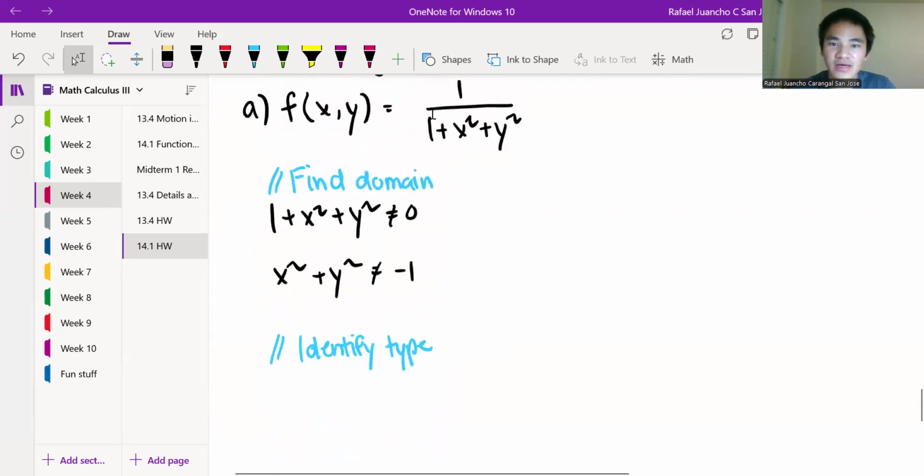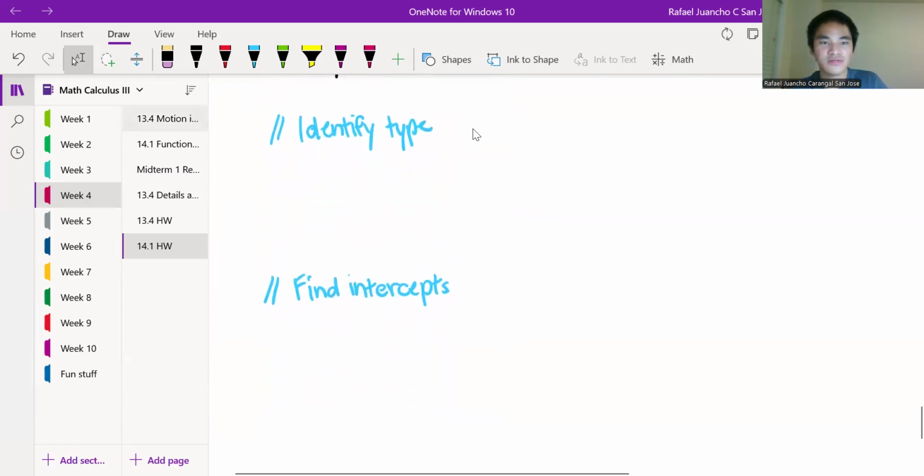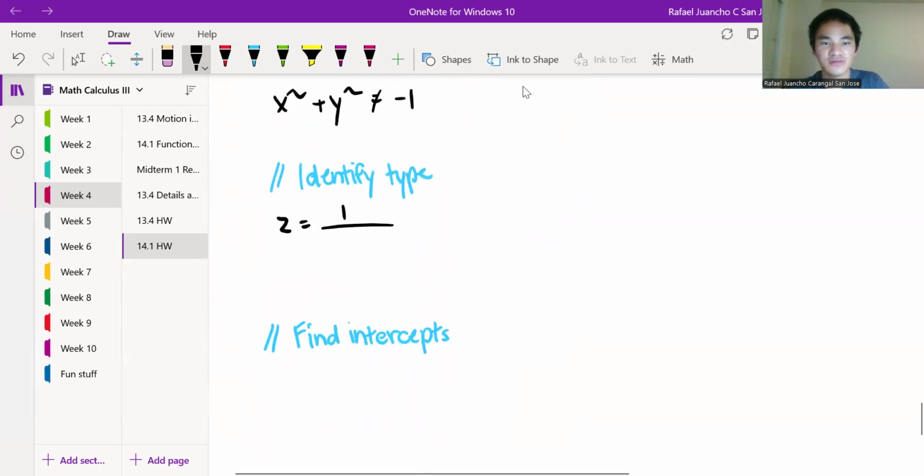So here we have z is 1 over 1 plus x squared plus y squared. This is my z. If I take out my z, what am I left with? Well, I can't really determine what in the world this is.